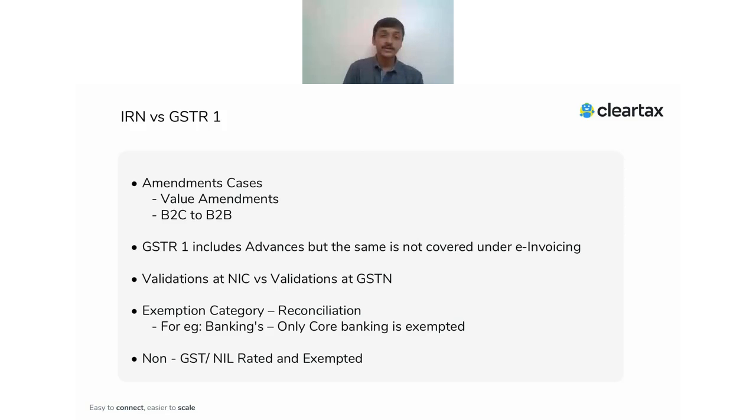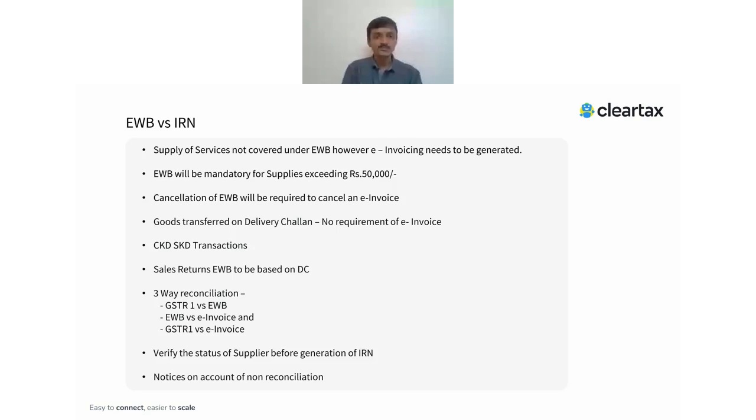However, the details of nil rated, exempted or non-GST have to be given at a summary level in my GSTR1 portal. So these also have to be categorized and kept aside, so that we can do the reconciliation in a simple way.